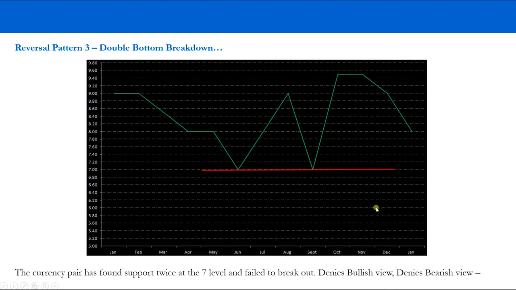Now, in this instance, if you come into the chart and you open it up and it looks something like this, if your fundamental predisposition is bullish, then this obviously denies a bullish view. But it also denies a bearish view, because the currency doesn't have any technical direction.